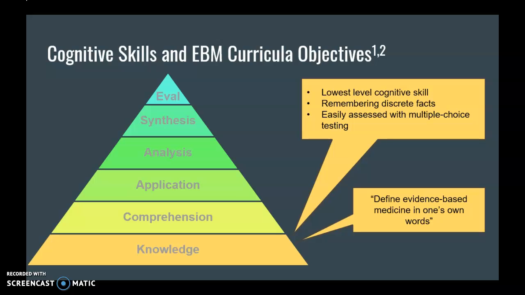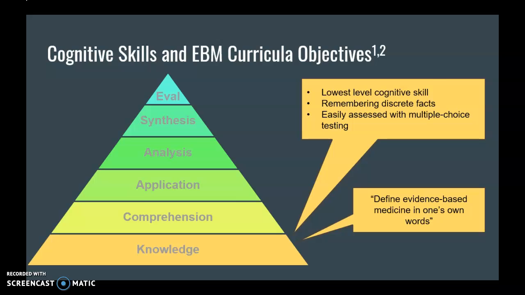And so these are some concrete examples of each skill and what kind of objective might be developed from them. So of course knowledge is the lowest level cognitive skill, and it involves essentially the rote memorization of facts. So an example from the EBM curricula would be define evidence-based medicine in one's own words.